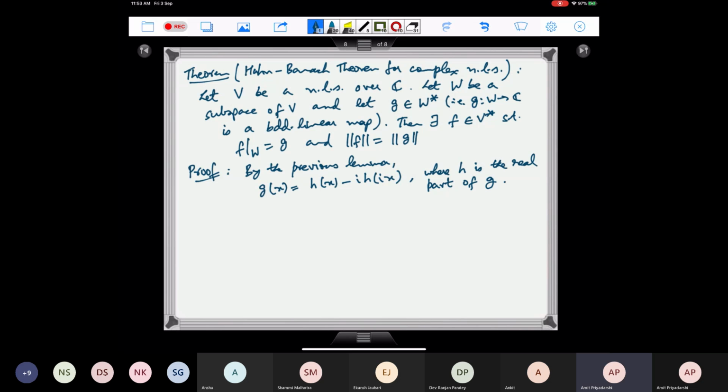So any complex linear functional to the complex field can be written as the real part minus iota times that H of iota X. So this is true for every X in W.